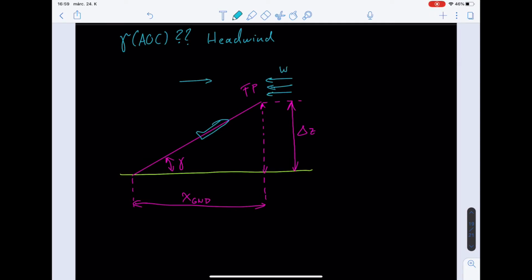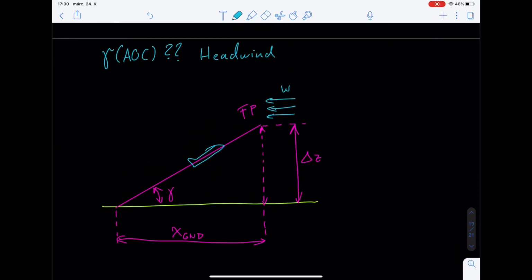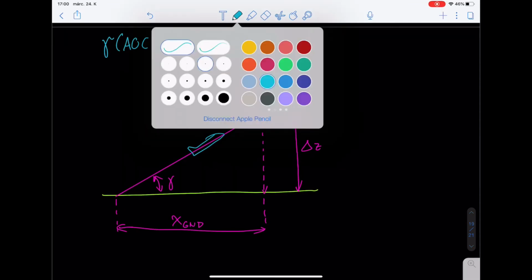Okay, so how do you think a headwind changes this flight path angle? So you can pause the video a little bit and think about the answer, or you might as well just continue and find out. Okay, so the good answer is that headwind is going to increase the angle. It's going to increase this flight path angle.